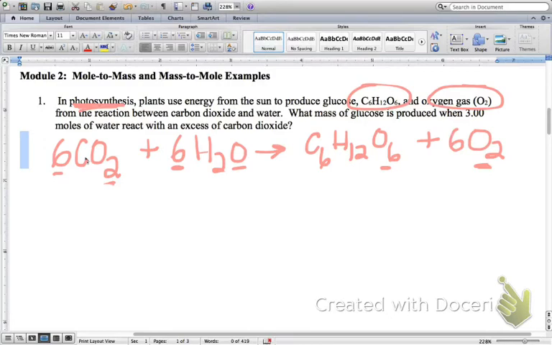Okay, so after we get our balanced chemical equation, underneath it, what we need to do is write the information that was given as well as the information that we are solving for. So it says, what mass of glucose?